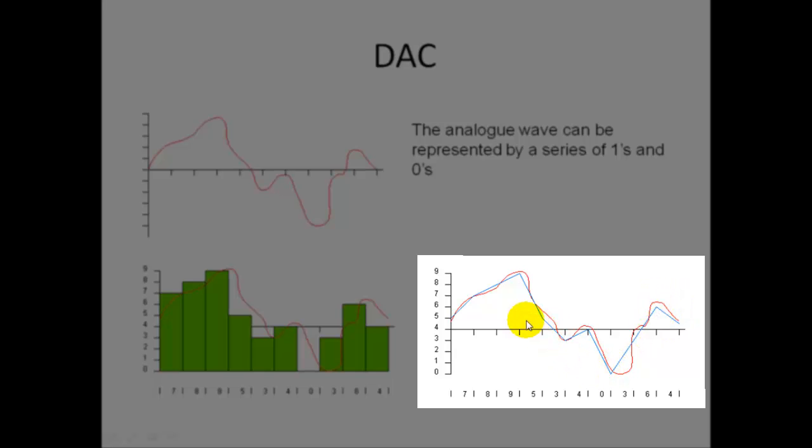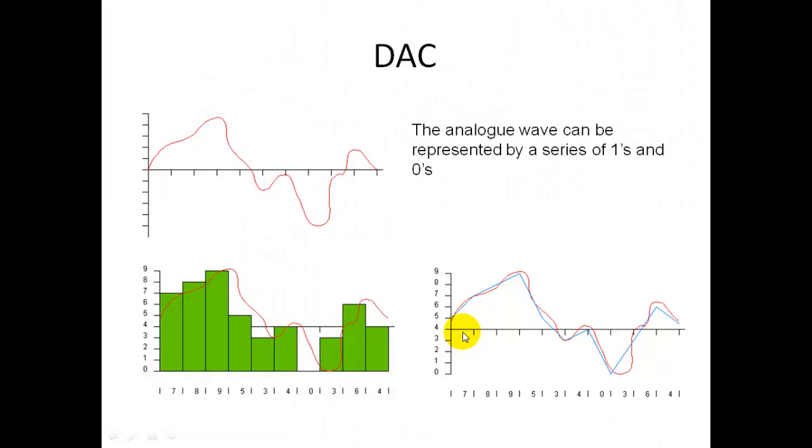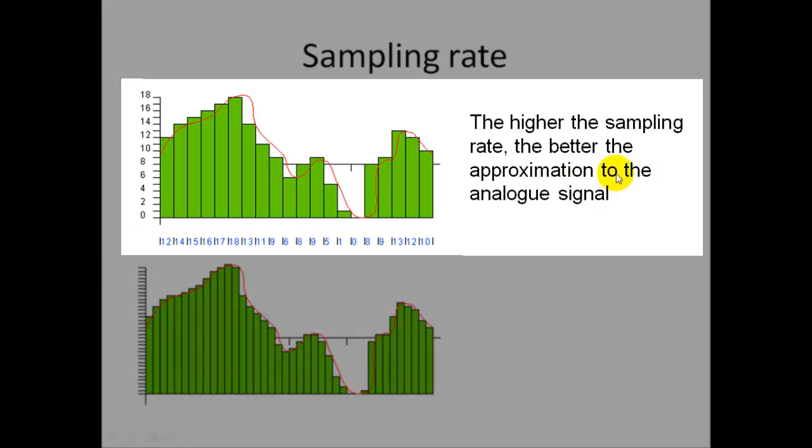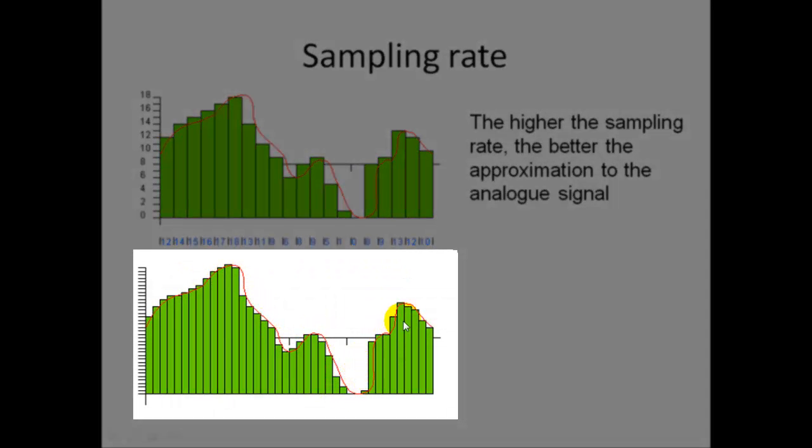What we can do is increase the sampling frequency. In other words, take more samples per unit time. So basically, the higher the sampling rate, the better the approximation to an analog signal. This is a fairly low sampling rate. If we have a higher sampling rate, we can get much closer to the analog signal.